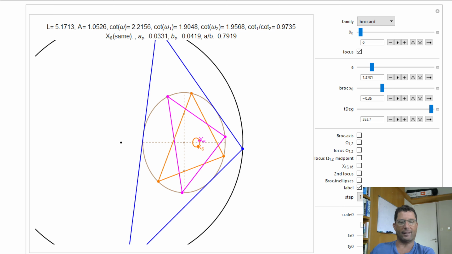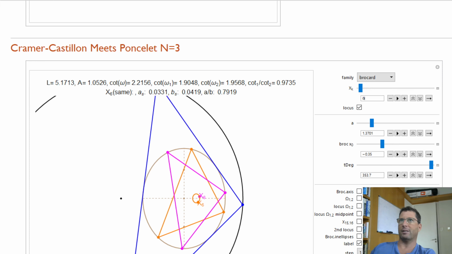So all of these facts are new as far as we know. They result from this combination of these two disparate worlds, Cramer-Castillon and the family of Poncelet triangles.